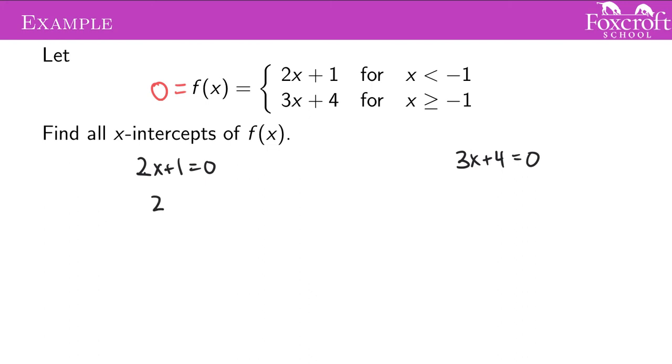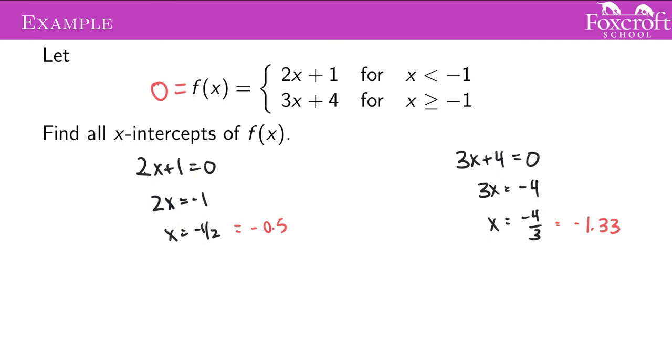In this one, I subtract 1 and divide by 2. In this one, I subtract 4 and divide by 3. Just to help us out, the decimal approximations are negative 0.5 and negative 1.33.